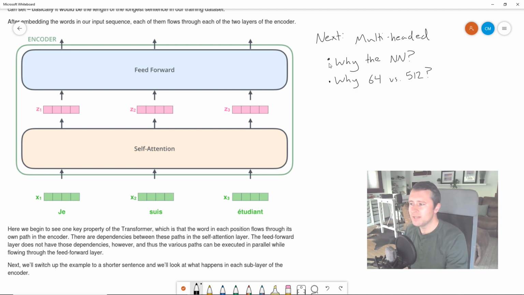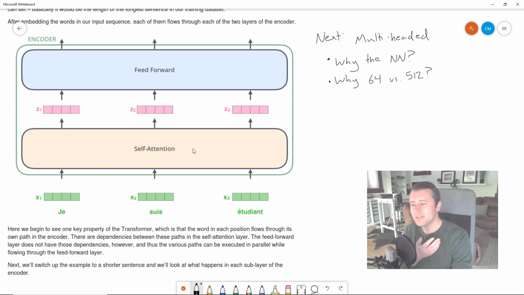So those two things will make sense once we talk about multi-headed attention. It's not that difficult of a concept. It's really just like we're applying this self-attention concept multiple times, allowing the different attention heads to be looking at different things. So we'll get to that in the next video.